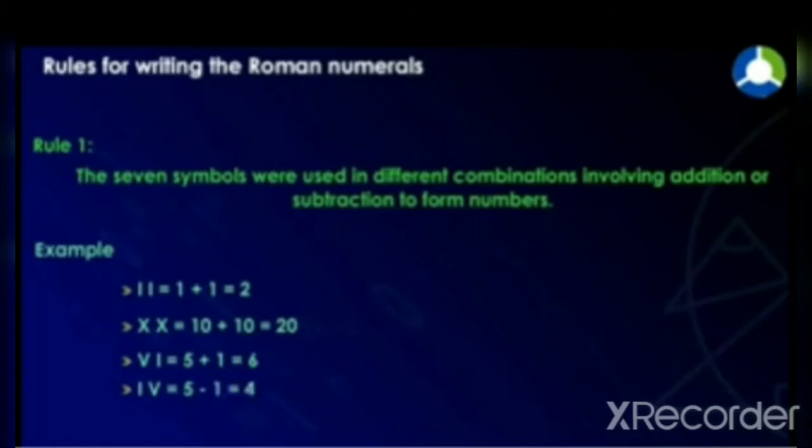Here, because I is smaller than V and it is written on the left hand side of V, it will be subtracted from V. The answer will be 5 minus 1 equals 4. If I take another example, 9, 9 is nothing but 10 minus 1. So, the Roman numeral equivalent to 9 will be IX. Here, I is being subtracted from X.